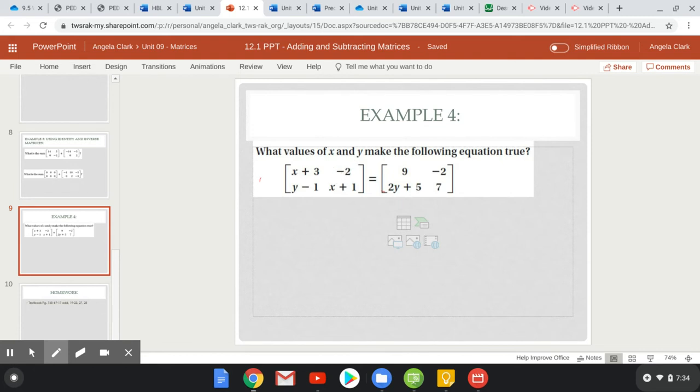So x plus 3 has to equal 9. Negative 2 equals negative 2. y minus 1 has to equal 2y plus 5. x plus 1 has to equal 7.